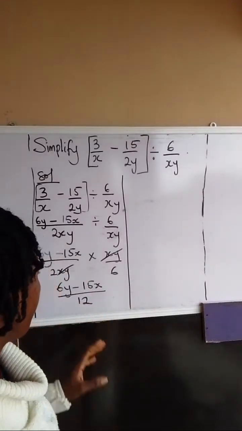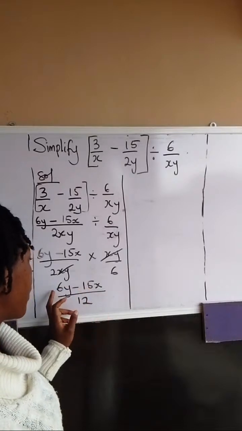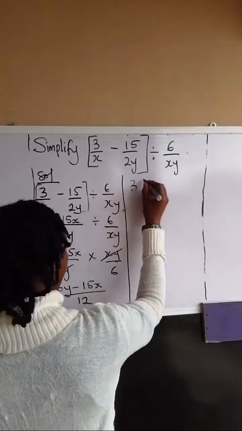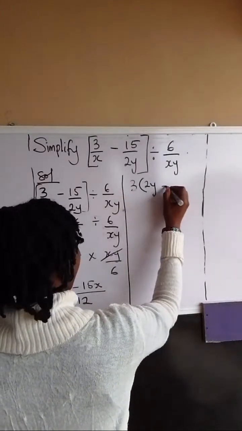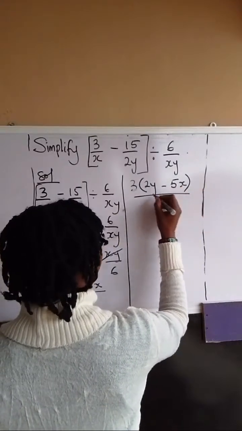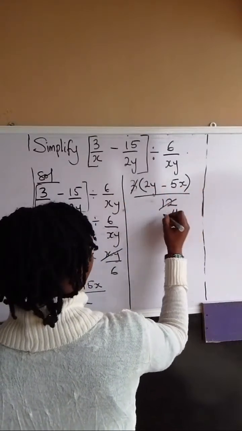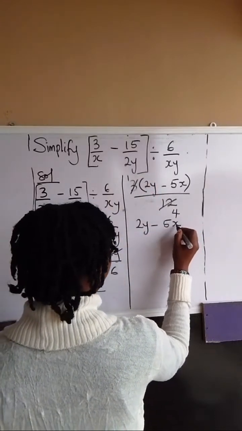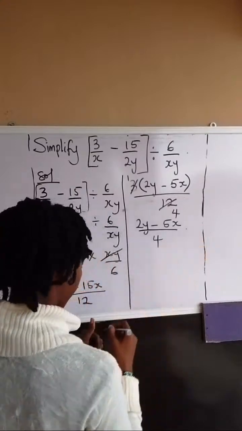So we look for what is common. There's something common between 6y and 15x, and that's 3. So 3 out, we have 2y minus 5x all over 12. When we divide, we have 4. So 2y minus 5x all over 4.